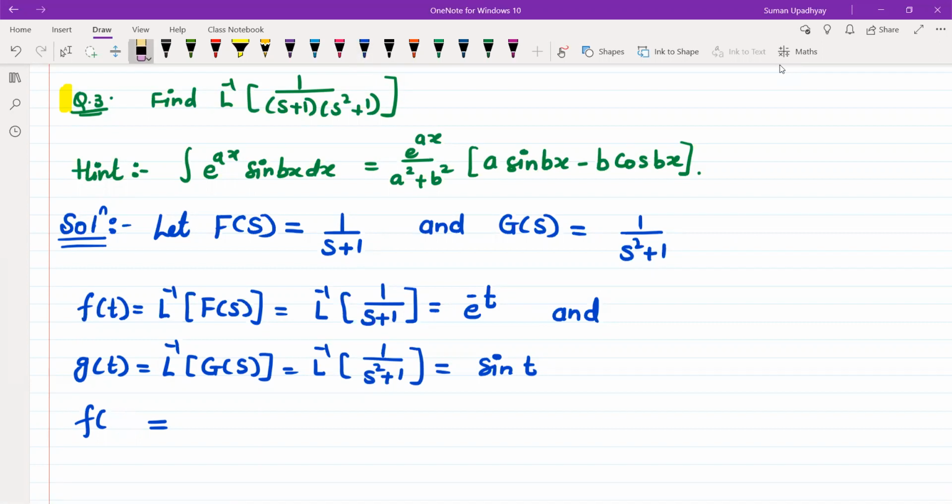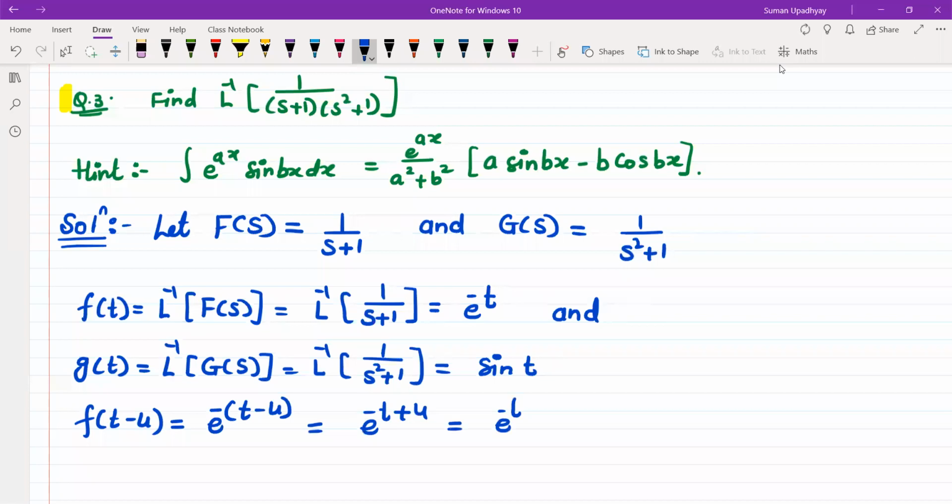I'm going to take e raised to minus t as f of t minus u, because that is exponential and that will make my task easy. So it will become e raised to minus t, replacing t with t minus u. So what I will get is e raised to minus t plus u.